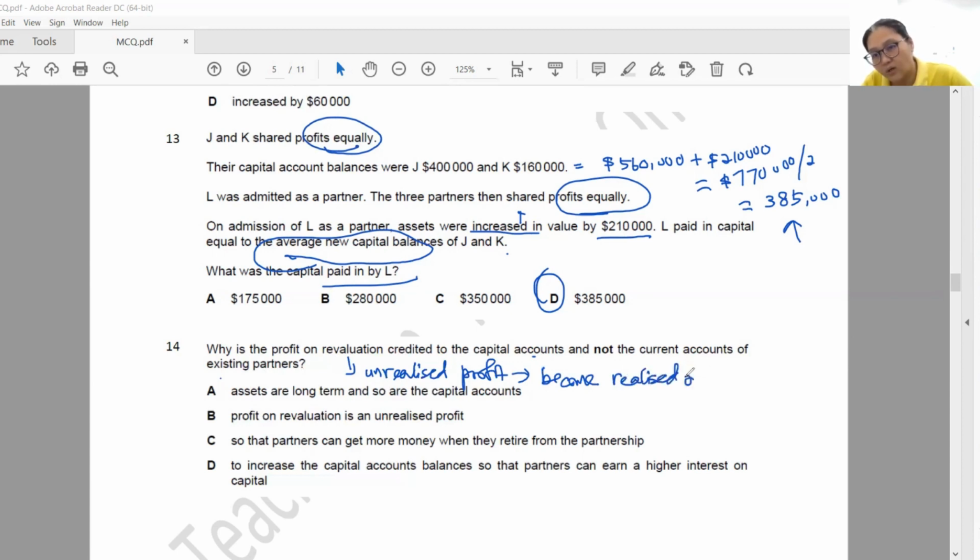This revaluation has not sold the asset yet, so we call it unrealized profit. Unrealized profit we have to put into the capital because in the future, the value could decrease. So that is called unrealized profit. So the answer will be: profit on revaluation is an unrealized profit.